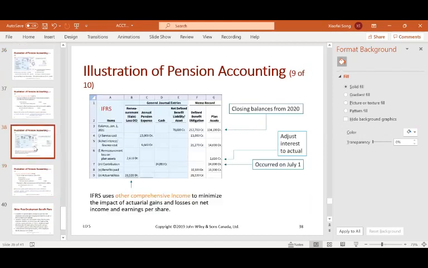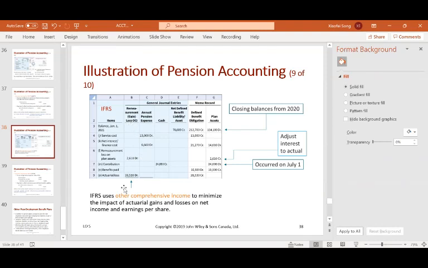So if this company follows IFRS, things will be slightly different. There will be one more column in the worksheet, other comprehensive income. And the two remeasurement losses, one related to the difference between actual and expected return, the other related to actuarial loss, will be included in other comprehensive income instead of in the pension expense.